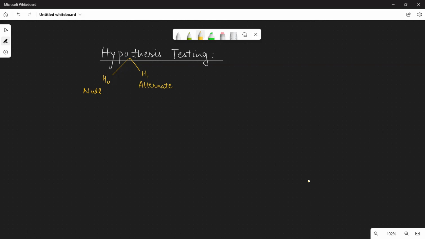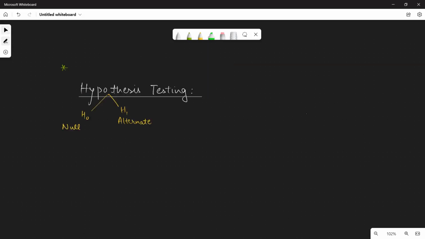But before even going to that, one important thumb rule we need to remember with respect to hypothesis always is that we try to reject the null hypothesis every time.